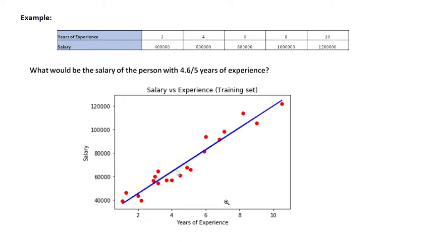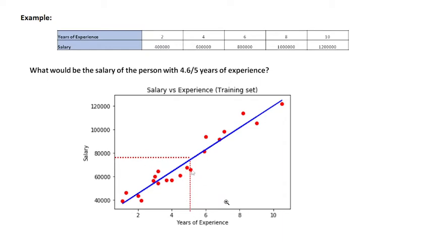Here we have data. It shows the relationship between the x and y values, and the data points have been plotted over here. Our problem statement is: what is the salary of a person if the experience is 5 years? When we try to find the salary with 5 years of experience, it comes to around 7.5.